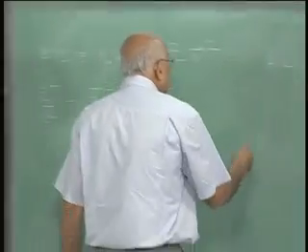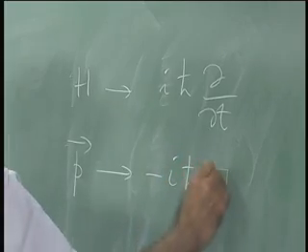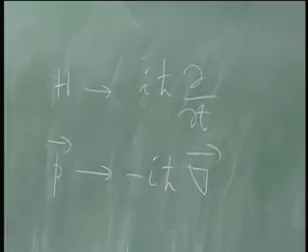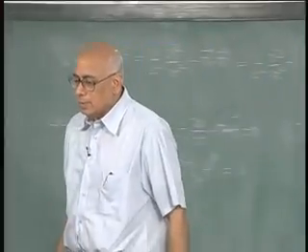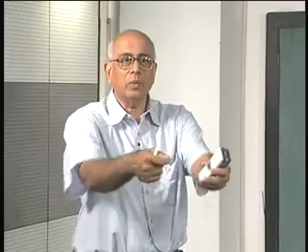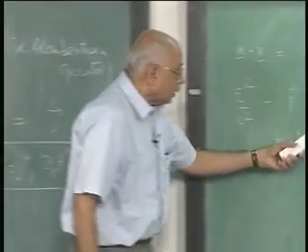On the other hand, the 3-momentum is minus i h cross the gradient. These are the standard correspondences which you learn from the Einstein-de Broglie relations, for example. Once you do this and you act on a wave function, you get the wave equation, the Schrodinger equation, for instance. Now we are trying to do this in the relativistic case, so we would like to do it here.